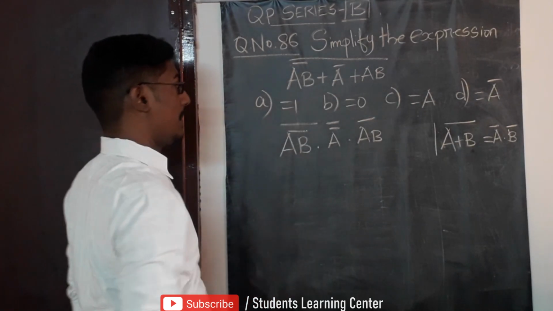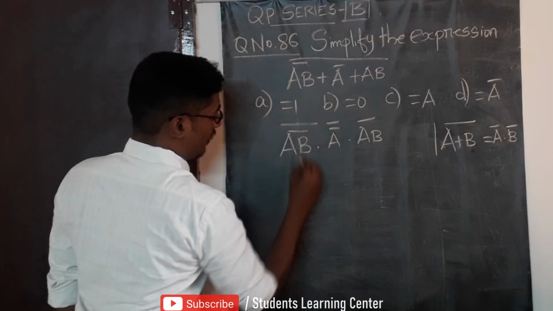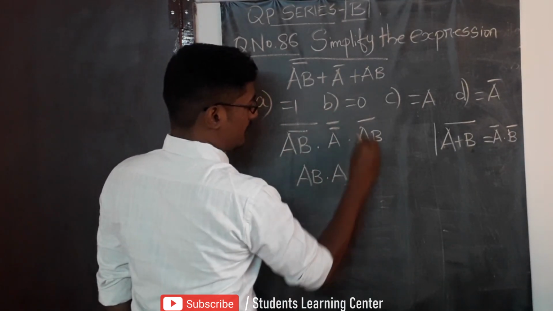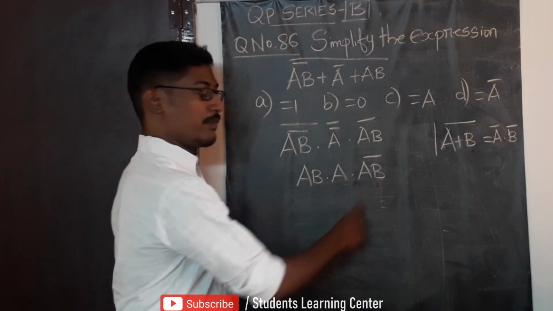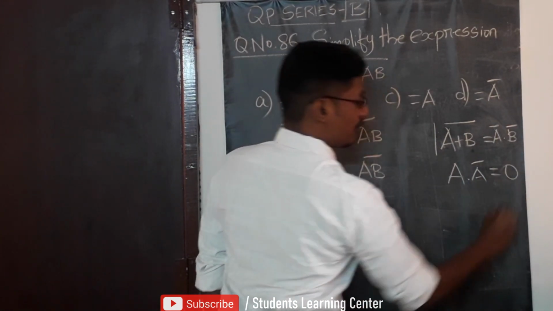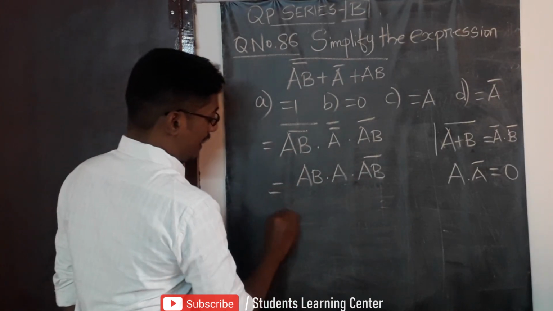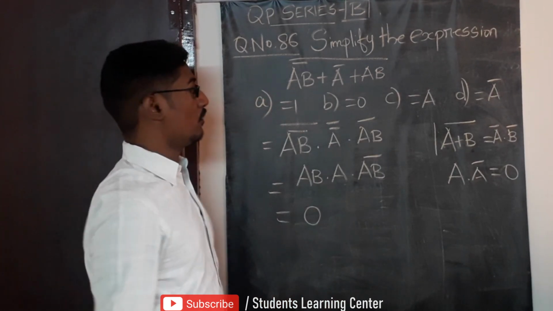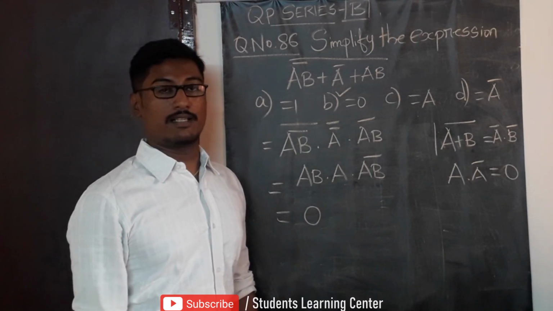Here AB bar the whole bar means AB, and A bar the whole bar means A. So AB dot AB bar means A dot A bar, whose value is 0. Therefore 0 dot A means 0, so the value will be 0. The correct answer is option B, 0.